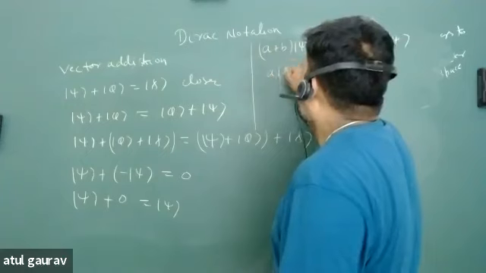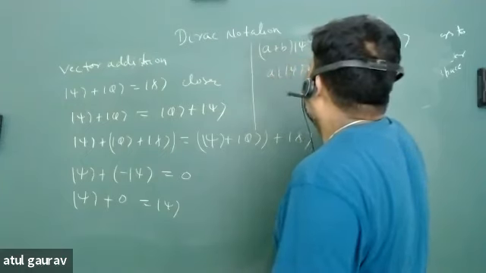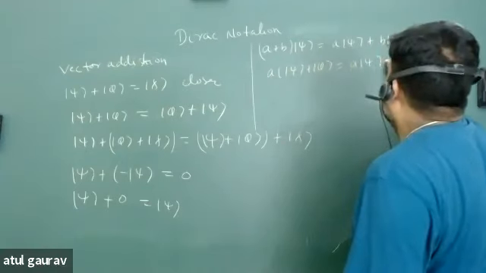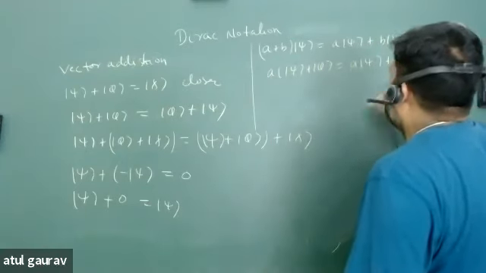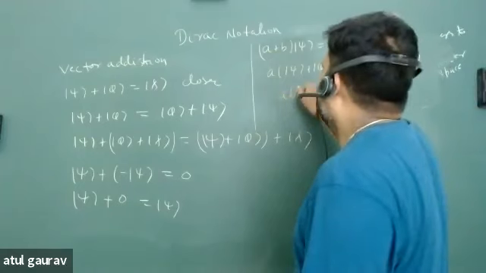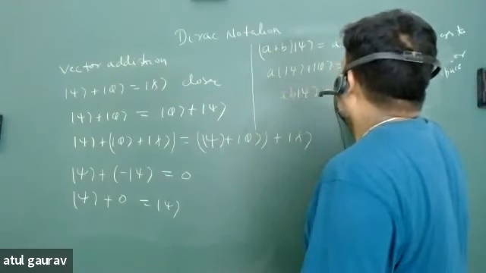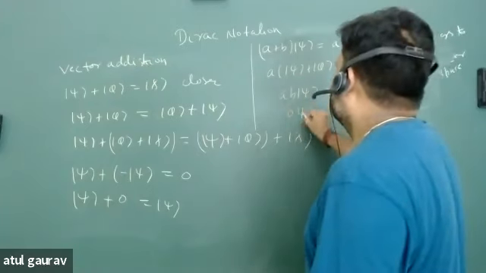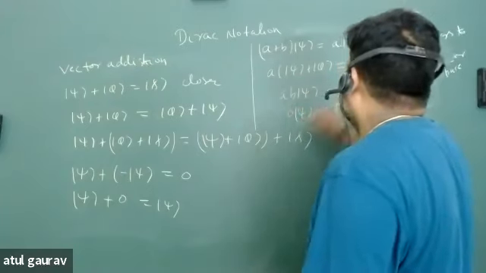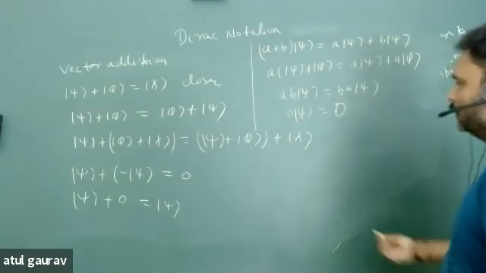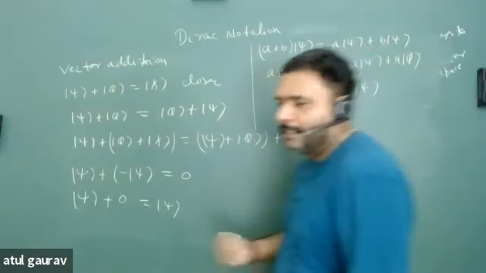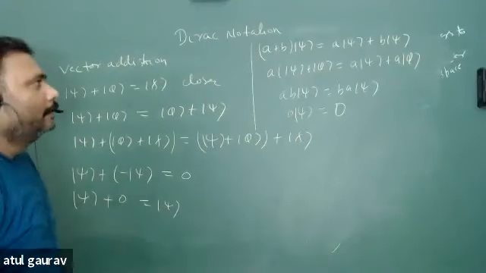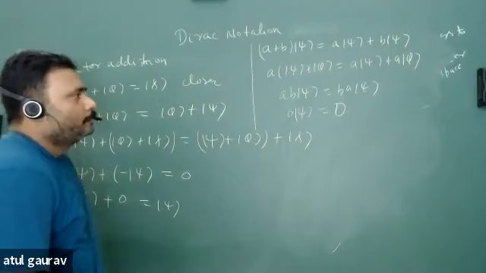A psi plus phi can be written as A psi plus A phi. A B psi can be written as B A psi. 0 times psi ket is always 0. These are all trivial, I think these have gone into your DNA, so you can easily write each and everything.